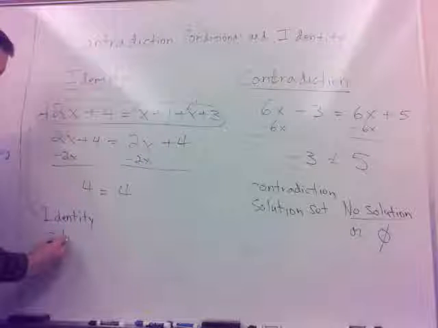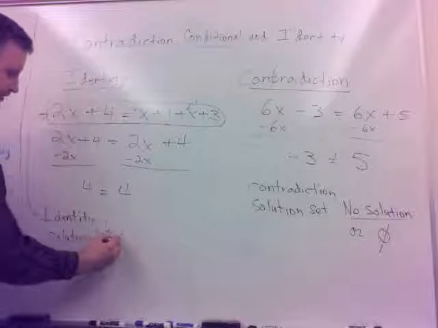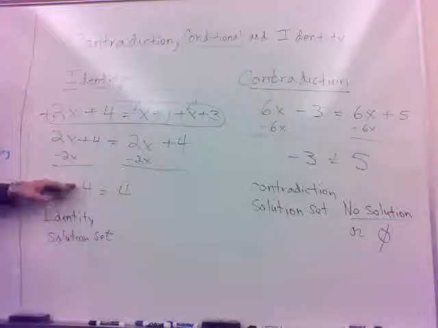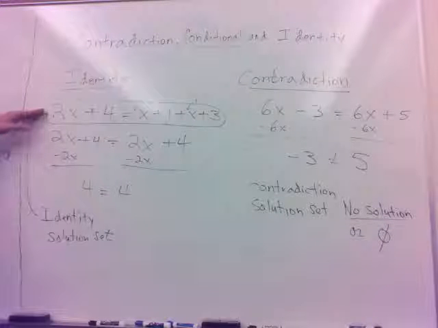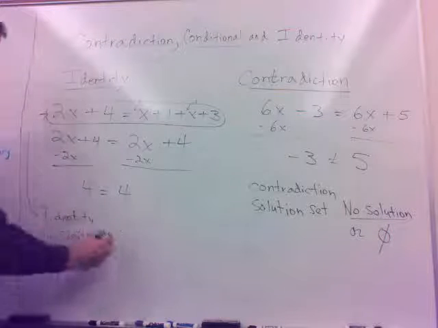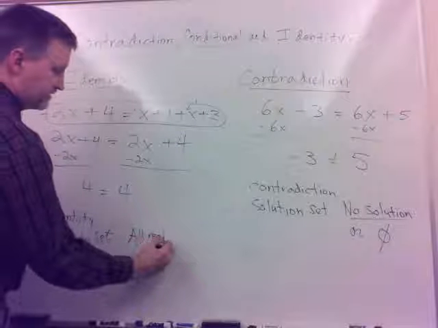Let's talk solution set. Like we said, solutions-wise, this is always true. In other words, x can be any number whatsoever. So the solution set for an identity is all real numbers.